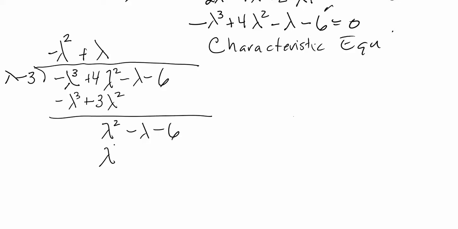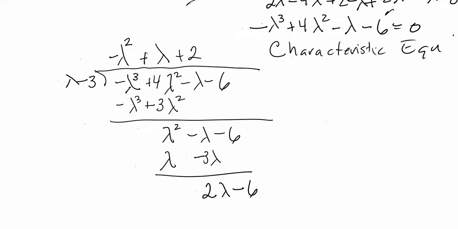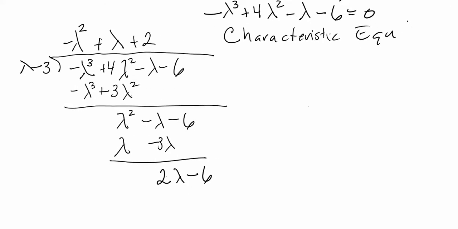When I multiply that out, it's lambda squared minus 3 lambda, and when I subtract that off, I get minus lambda minus a negative 3 lambda, which is equal to 2 lambda minus 6. And when I complete that, this worked out.